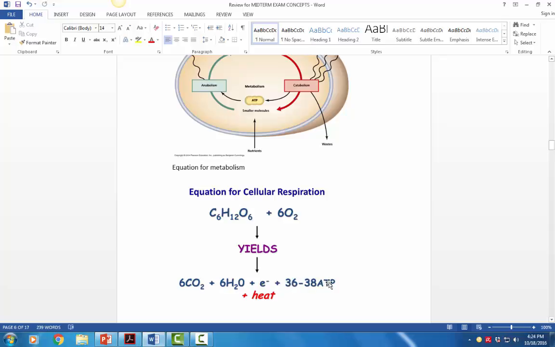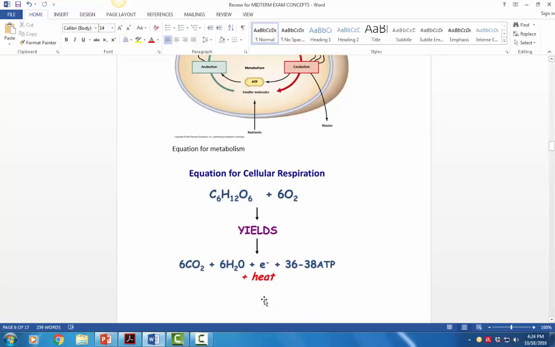Remember that this reaction occurs in the cells of our body and in the cytoplasm and mitochondria of our cells. And a lot of that excess energy is not completely converted to ATP. Much of it is given off as heat. So our body temperature is a result of the metabolism of glucose and some of that waste heat that's given off in the process.